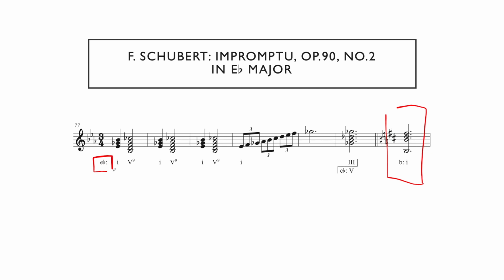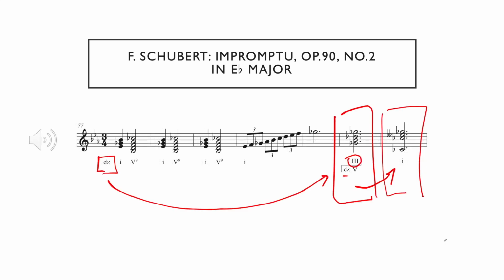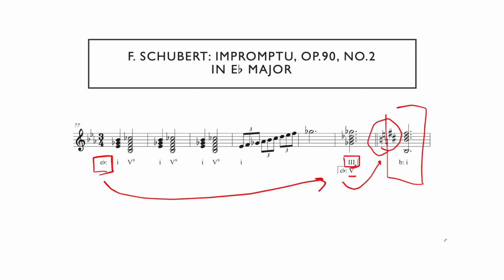It begins in E flat minor, and the 3 in E flat minor is the dominant chord in C flat minor, and after that the key signature changes and we hear B minor chord. B minor and C flat minor is the same sonority, only the notation is different.